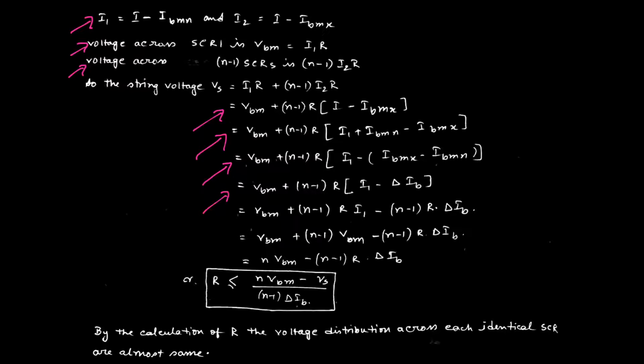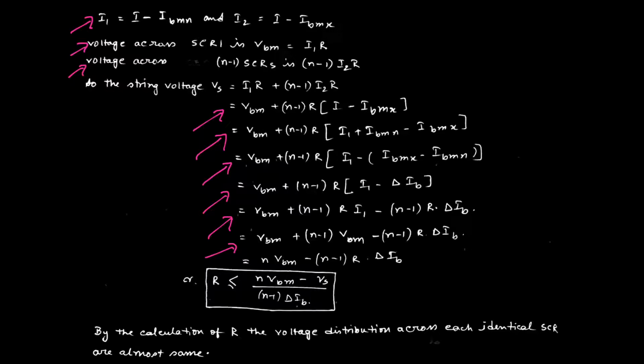So we can rewrite the expression again, VBM plus n minus 1 R I1 minus n minus 1 into R del IBM. Just I have multiplied the term in the bracket. That is why after simplification, again we can rewrite the expression like VBM plus n minus 1 VBM minus n minus 1 into R del IB.